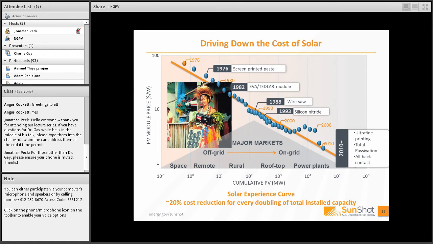Installing those telecom systems in New Guinea then brought us into rural villages, and essentially we packaged a product with a 35-watt module and a charge controller and a locally available car or truck battery preferably. And this is one of our happy New Guinea customers from around 1982.